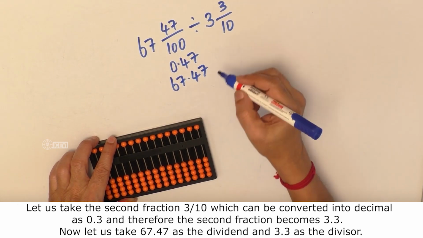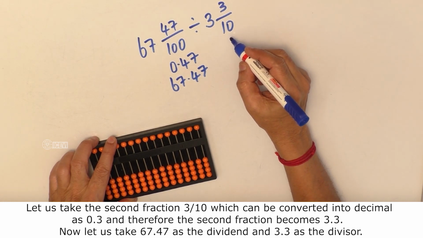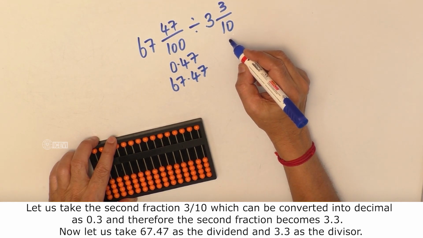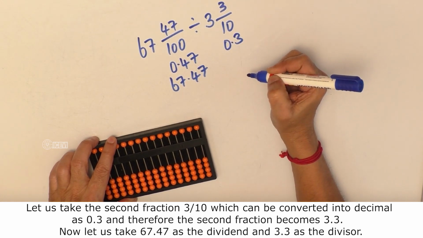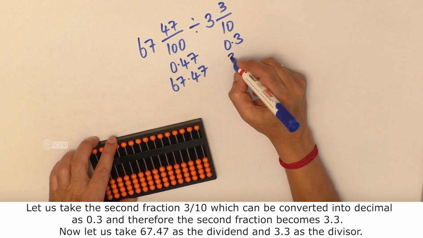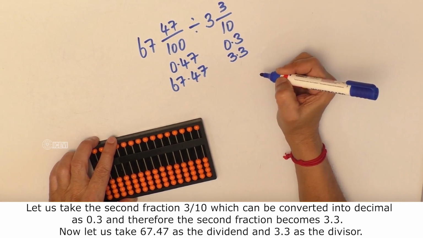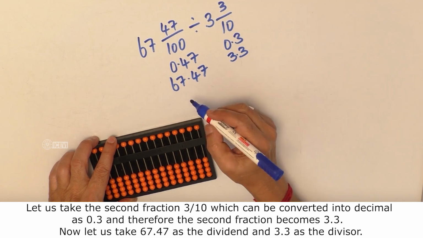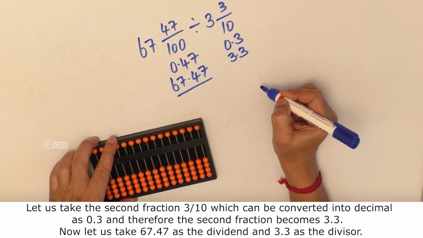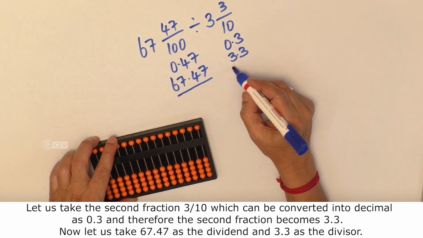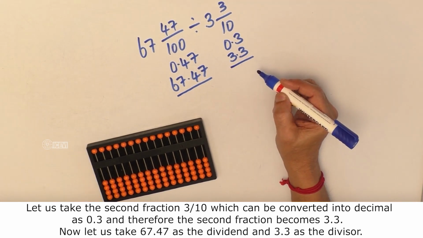Let us take the second fraction 3/10, which can be converted into a decimal number as 0.3, and therefore the second fraction becomes 3.3. Now let us take 67.47 as the dividend and 3.3 as the divisor.